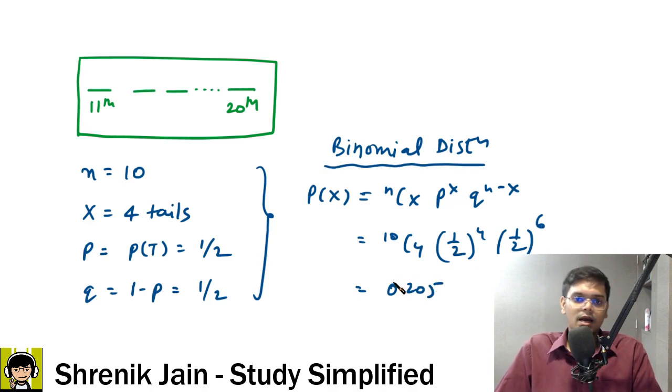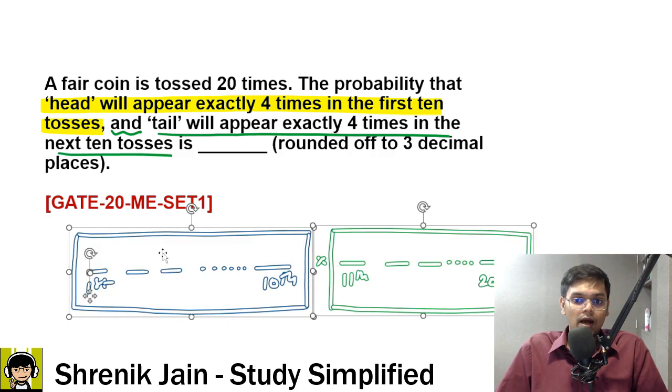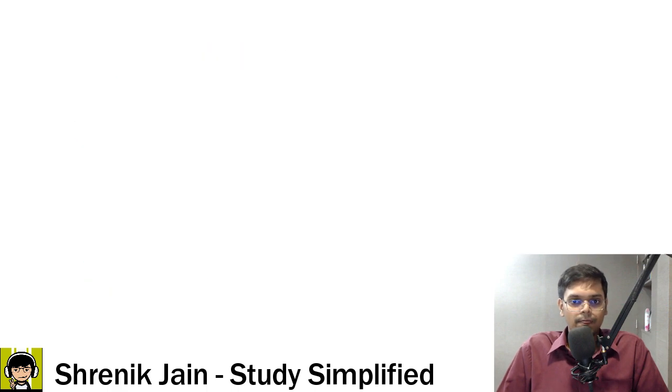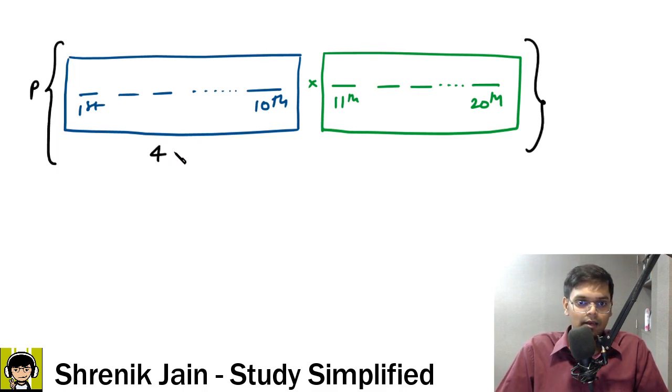And finally, they needed the mixture. They needed the completeness. They needed the event 1 and event 2 together probability. So I will say that they need the probability that in the first 10 tosses I get exactly 4 heads, and in the next 10 tosses exactly 4 tails.